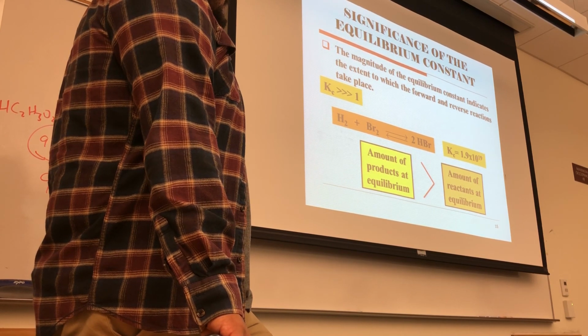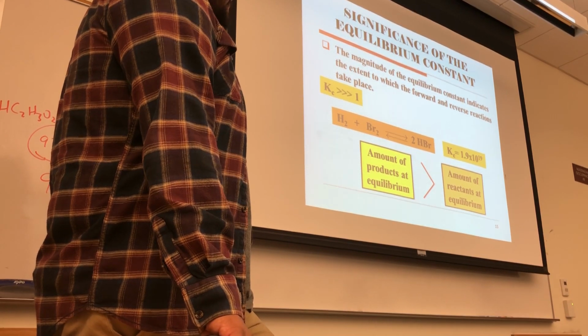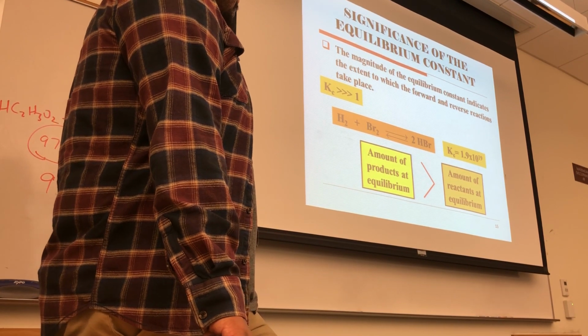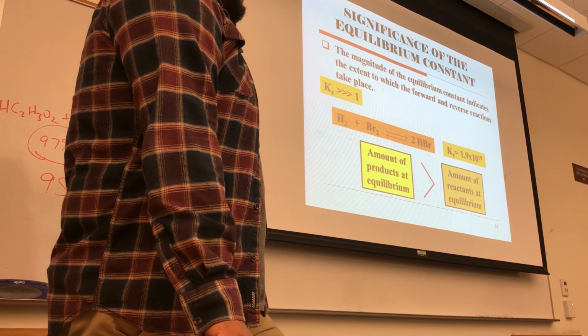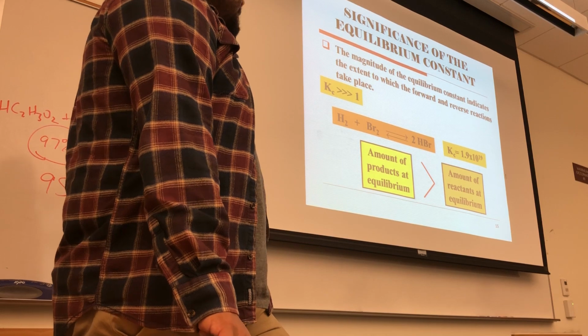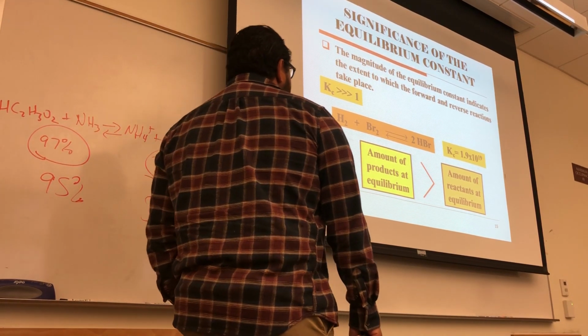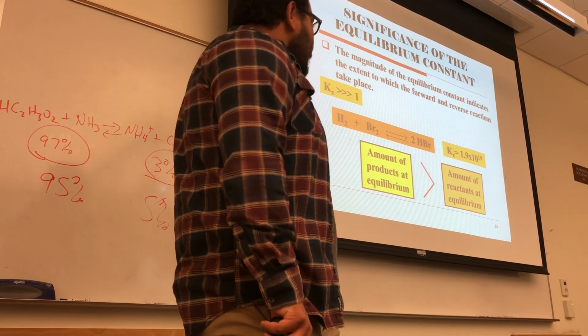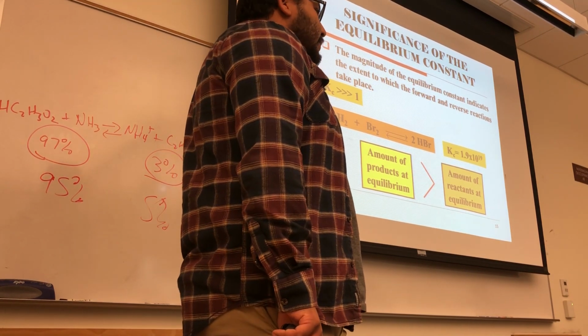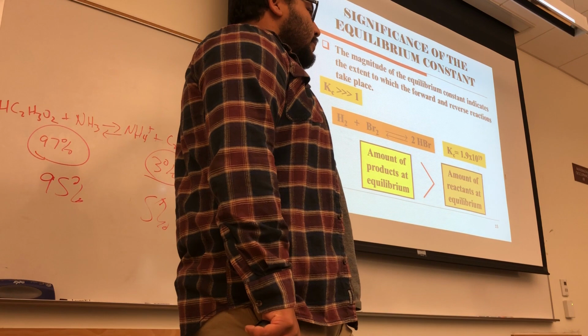Just based on concentrations, it's clear that the rate going left to right is much, much more than the rate going from right to left in terms of the overall amounts that you're going to have on one side or the other. So this is going to favor the product over the reactants based on the rates of both.